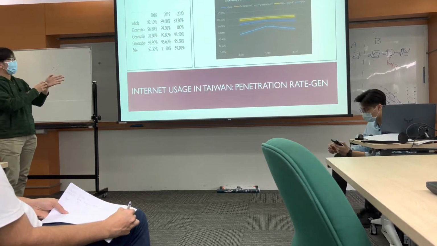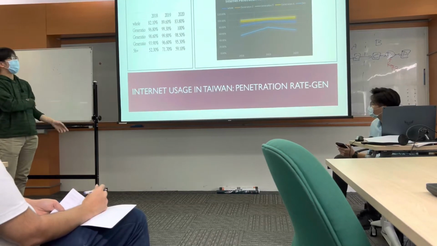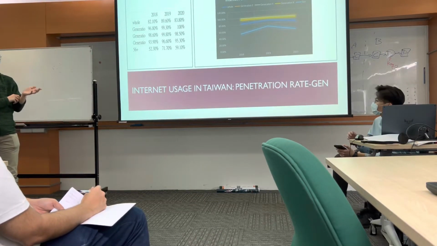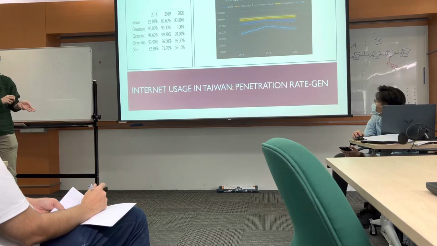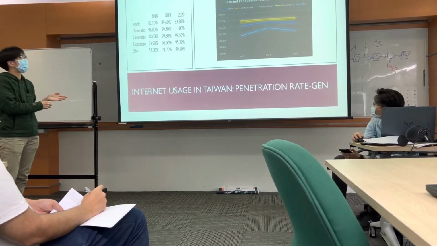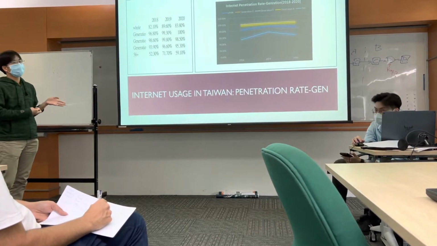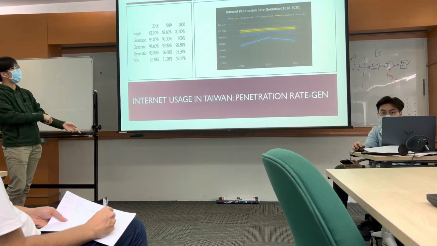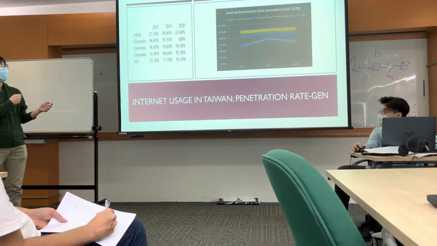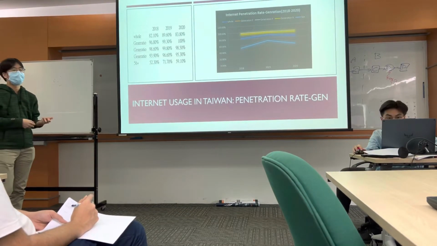However, generation 56 or above reached their peak in 2019 and then started to decrease in 2020. I'm not sure what caused that, because after 2020 the pandemic started. I personally think the rates should increase rather than decrease, but I'm not sure.